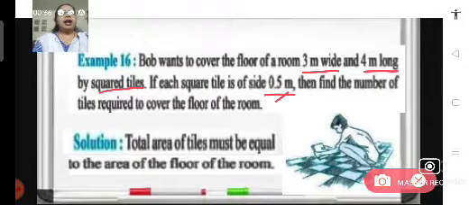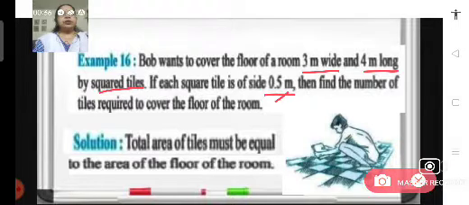That means we have to find the area of the tile. Side is given, we have to find the area of the tile. And what will be the number of tiles required to cover the floor of the room? If we divide the area of the room by area of each square, then it will be the number of tiles required to cover the room.